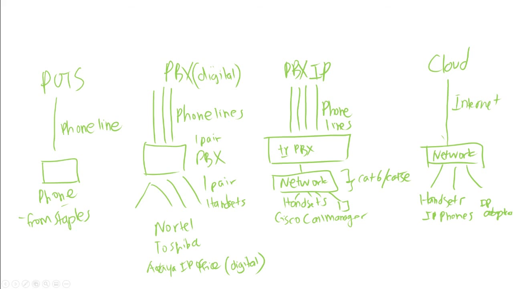So the voice line comes in digitally. There's no more physical line. I should mention, in this case, we can also have a PRI, which is one pair that carries up to 23 lines.